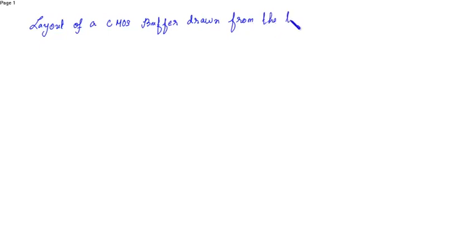So this is the layout of a CMOS buffer, that is drawn from the twisted schematic diagram.